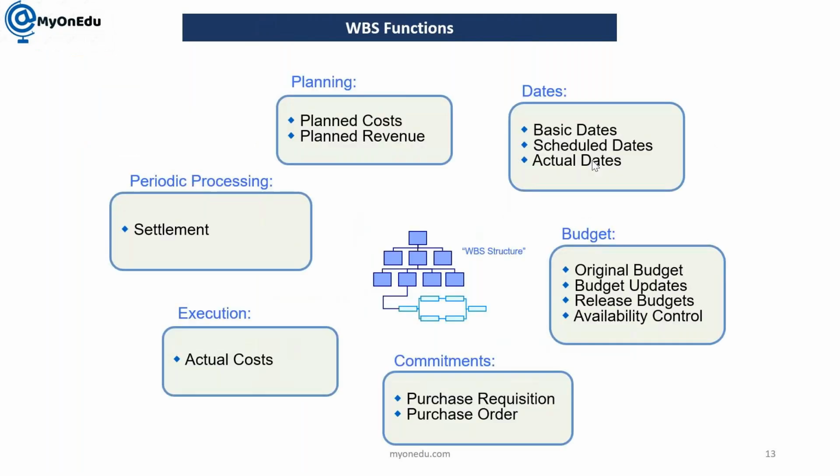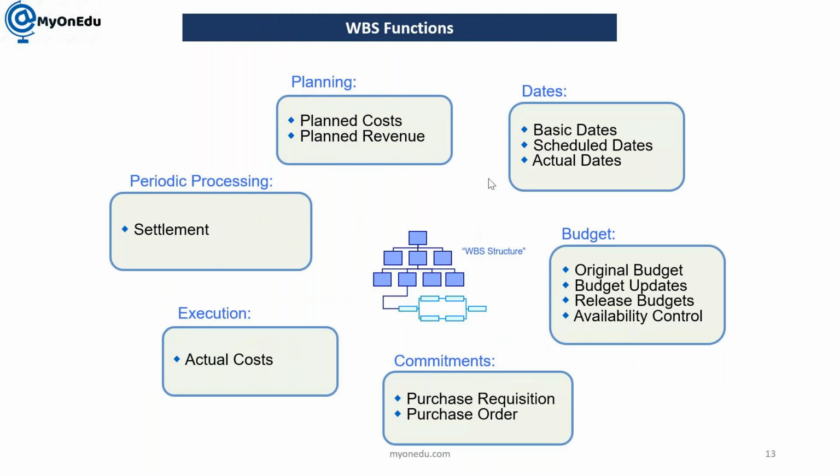Here are the major functionalities of the WBS element. We can do cost planning, revenue planning, and budget planning. In terms of dates, we have functionality to maintain basic dates, schedule dates, and enter actual dates. Schedule dates means, based on activity durations, what will be the start date and end date of that WBS element.